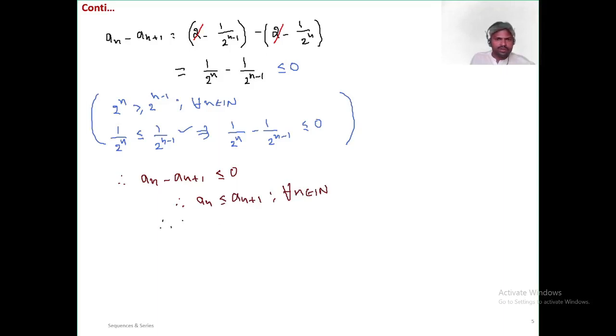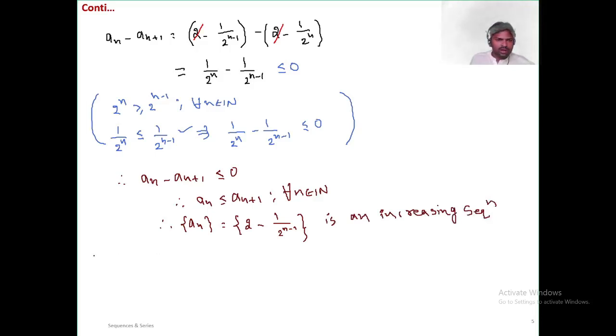So the sequence an, which is 2 minus 1 upon 2 raised n minus 1, is an increasing sequence.